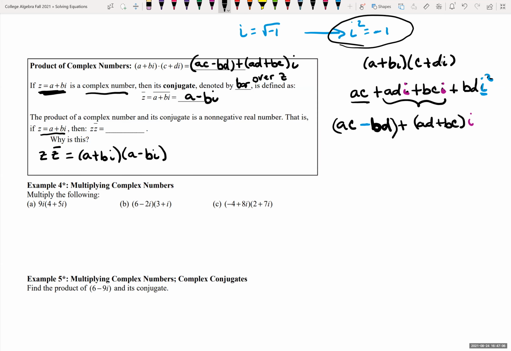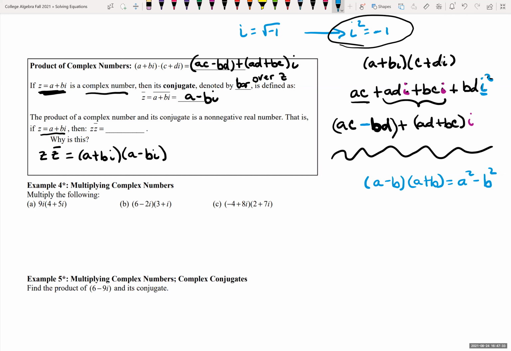This is a difference of squares. Sometimes it's a shortcut: if you see a minus b times a plus b, recall this is the same thing as a squared minus b squared when you FOIL that out.